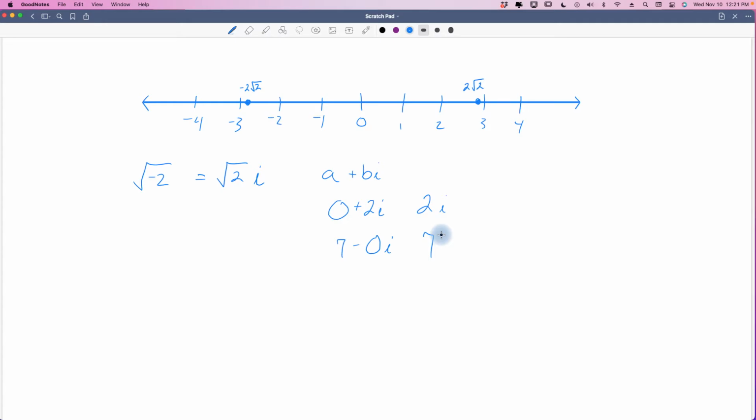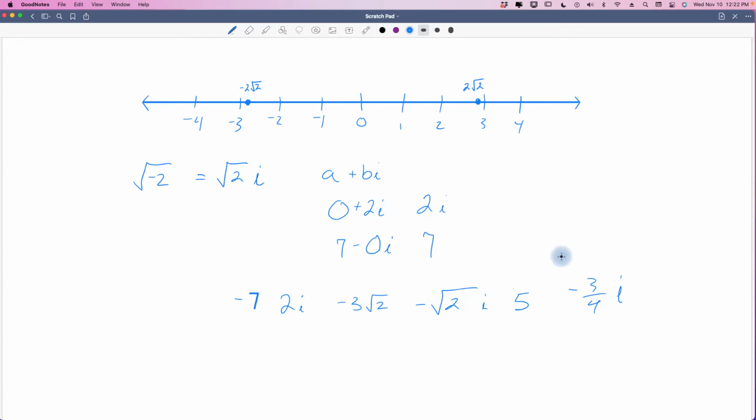For this reason, we say that all of the following real numbers and imaginary numbers are also complex. So this would be a complex number, and this, and this, and this, and this, and this. And this would be a complex number. So everything is a complex number.